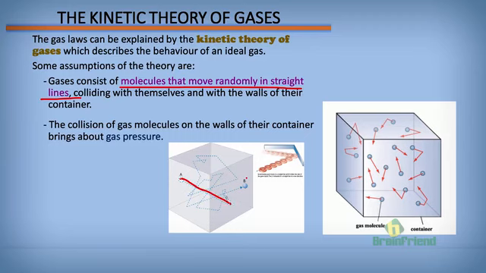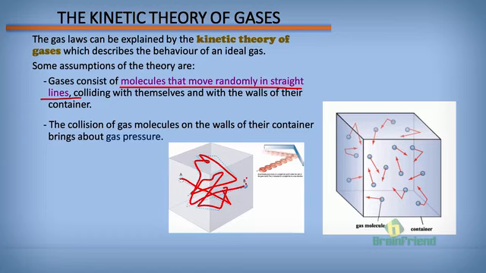It goes from point A to another point, and from this point it makes another straight movement, and it keeps making straight movements until it gets to point B. So the assumption is that gas molecules move in a straight line.